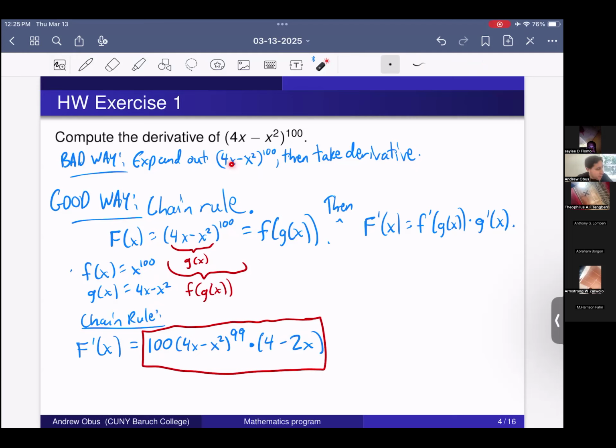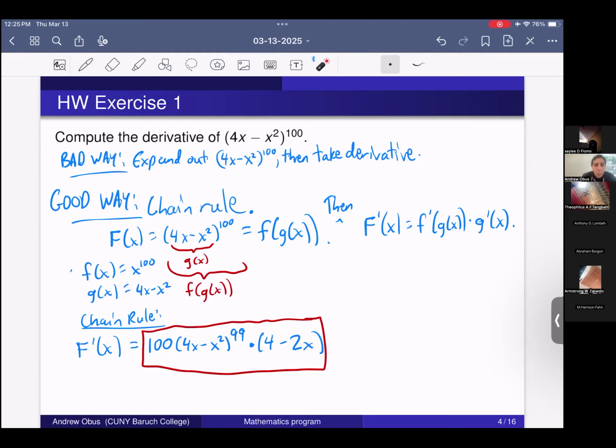You basically take the derivative as if the inside function didn't exist, and then you just plug the inside function in again, right? So it's 4x minus x squared to the 100. You just bring down the 100 and replace it with a 99, just like you were doing a power rule. But then you have to remember, there's actually something inside here. And that something inside there shows up twice. First, it shows up because you have to just punch it in right here.